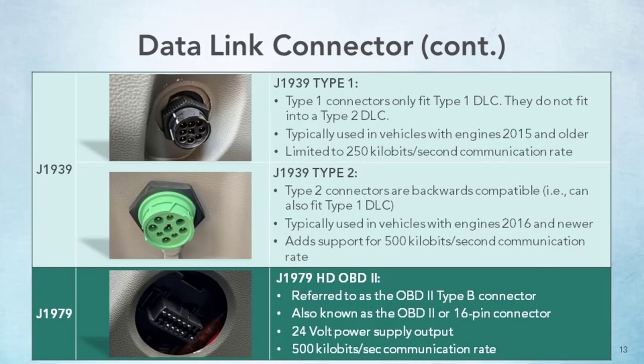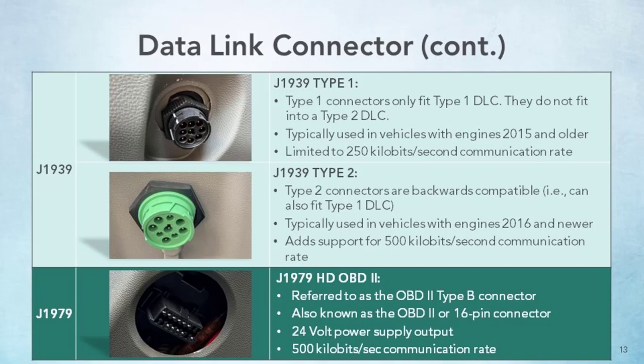Here you can see all the different types of DLCs used in heavy-duty trucks. The top two DLCs are found in trucks using the SAE J1939 communication protocol in their OBD systems. The black round connector is known as the SAE J1939 Type 1 DLC. It is used in trucks equipped with pre-2016 model year engines.